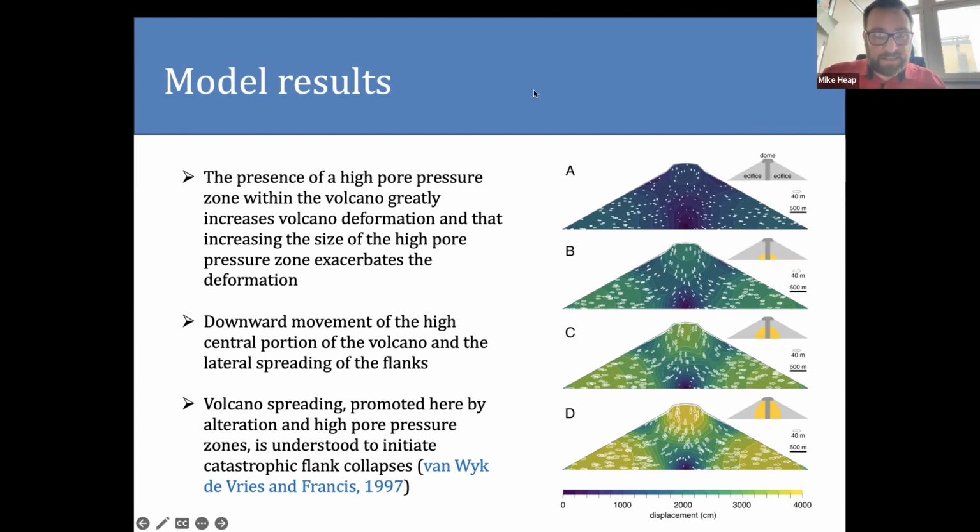It's very classic in terms of what's described as volcanic spreading, which is understood to initiate very large collapses. So although it looks like it's sagging and spreading, actually this is usually how these larger collapses are initiated at these volcanic sites. So it's pretty dangerous.